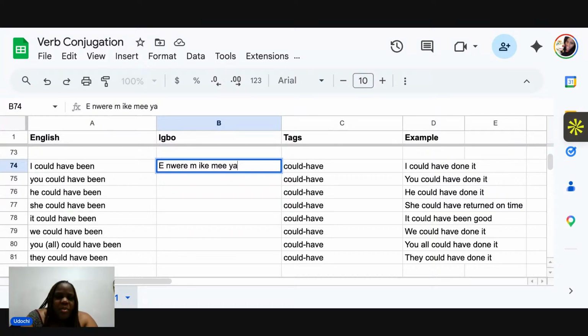Is it nwere m ike ime ya? Or nwere m ike mee ya? Enwere m ike mee ya, or nwere m ike ime ya? Let me just text him and see what it says.